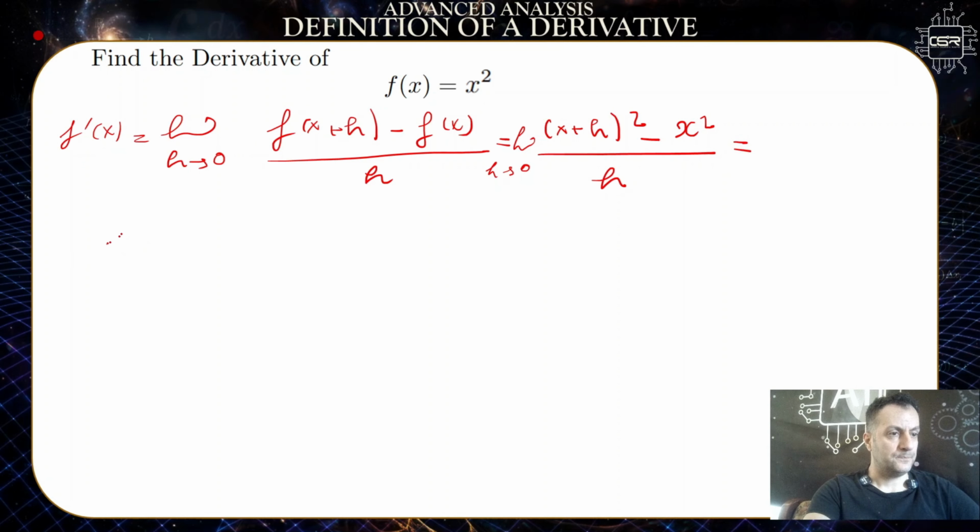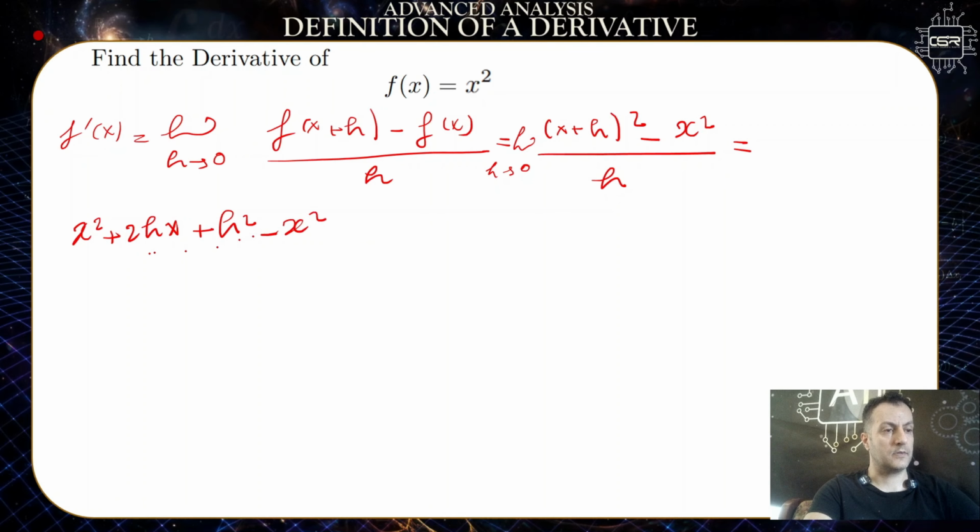Equal to, let's expand: x squared plus 2hx plus h squared minus x squared, divided by h. So x squared minus x squared is eliminated.